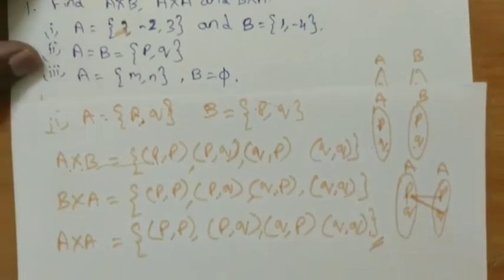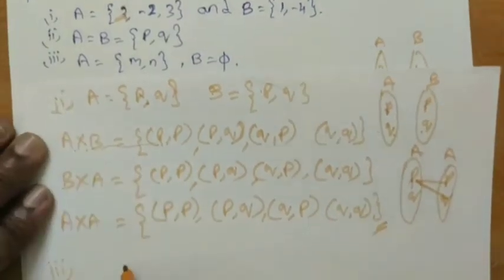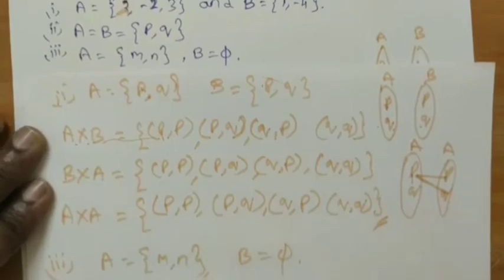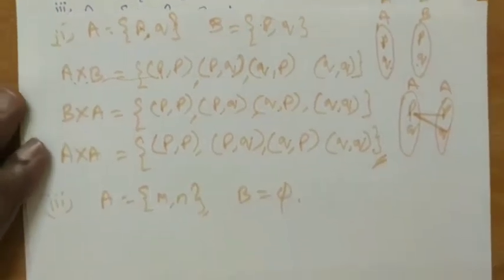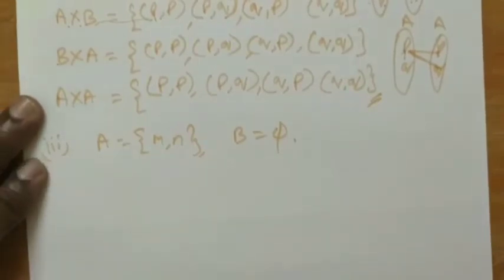Next we see the Roman number 3. The Roman number 3 is given as the set A is equal to {M, N}. The set B is equal to phi, the empty set. By the condition, we know that when two sets are given and we have to find the Cartesian product, the two sets should be non-empty.